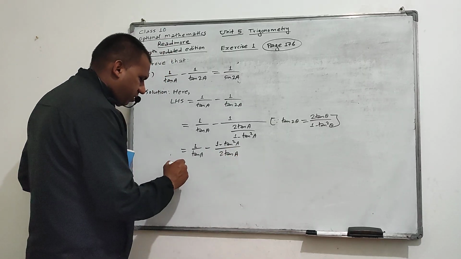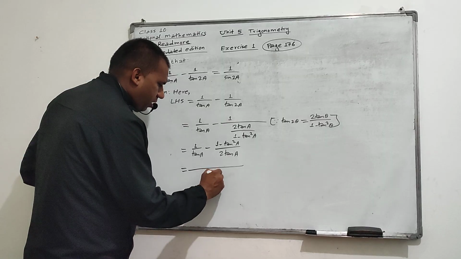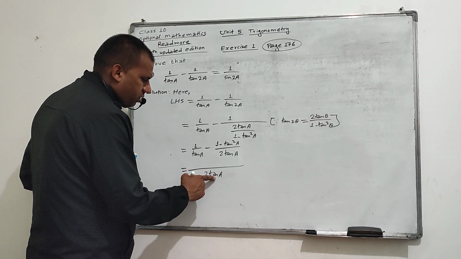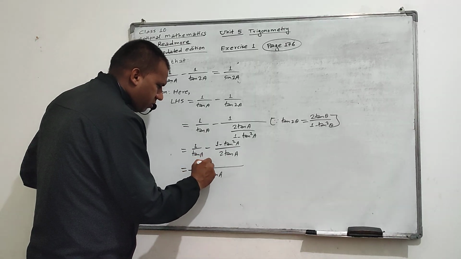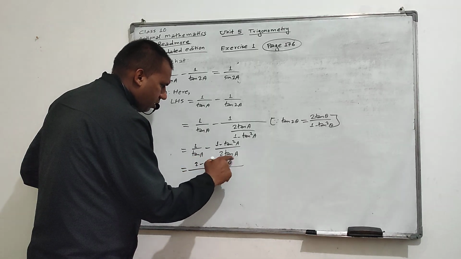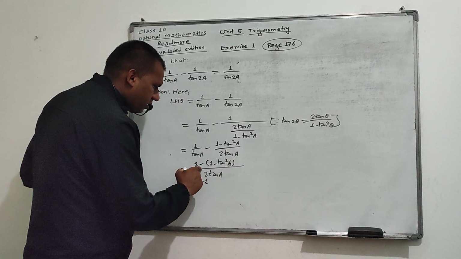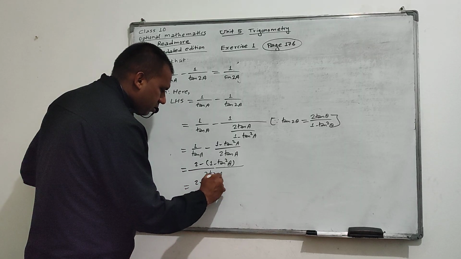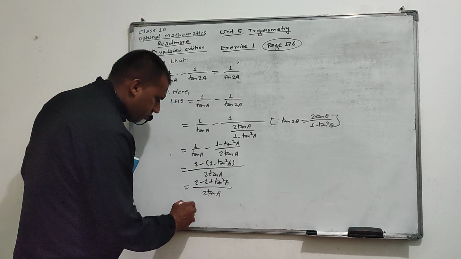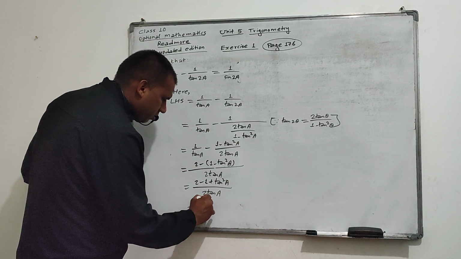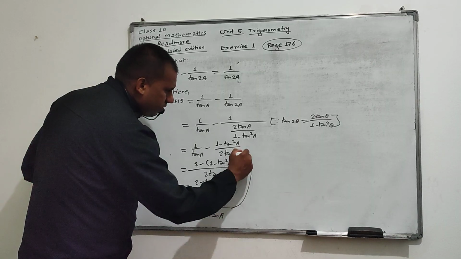Now taking LCM, tan a and 2 tan a, so LCM is 2 tan a. This divided by this, remaining 2 into 1, 2, minus (1 minus tan square a) equals 2 minus 1 plus tan square a, whole upon 2 tan a. 2 minus 1 is 1, so (1 plus tan square a) whole upon 2 tan a.